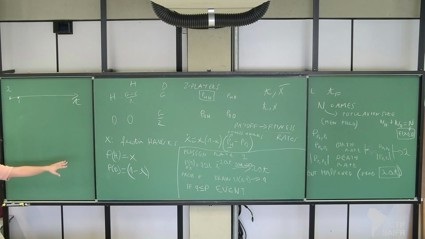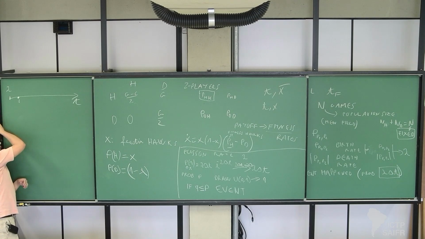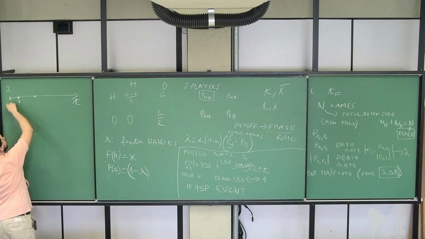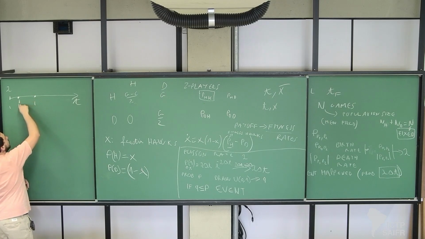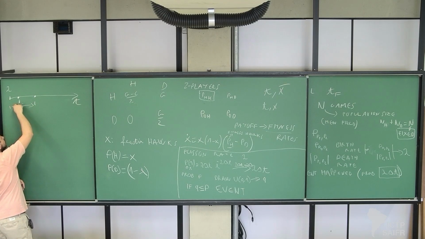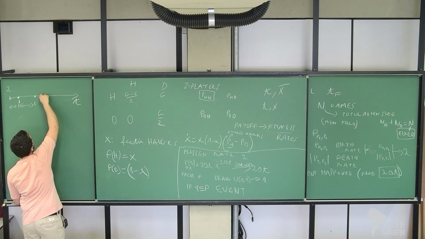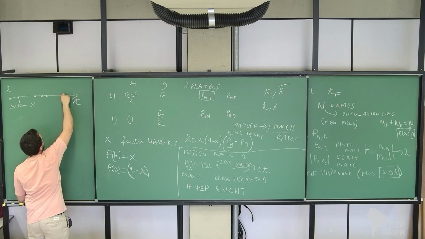We are using Poisson processes here because it's the simplest one, and it's also the process that determines memoryless counting events. So the Poisson process doesn't keep memory of what happened before. So from here you restart your clock and you can have another event, let's say here, okay? These intervals, since the process is stochastic, are not exactly the same, okay? Then you can have another event here, another event here, another event here, okay?